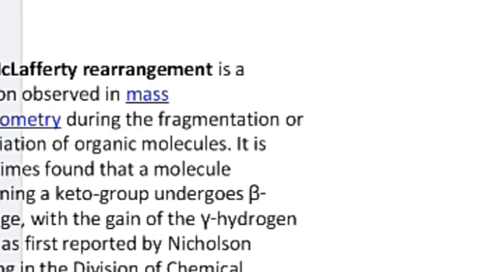I also explained what the McLafferty rearrangement is. With this I conclude.